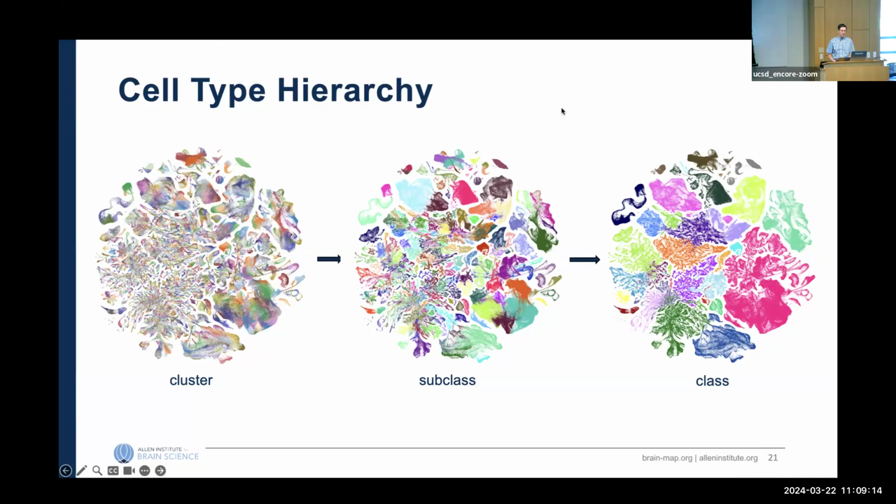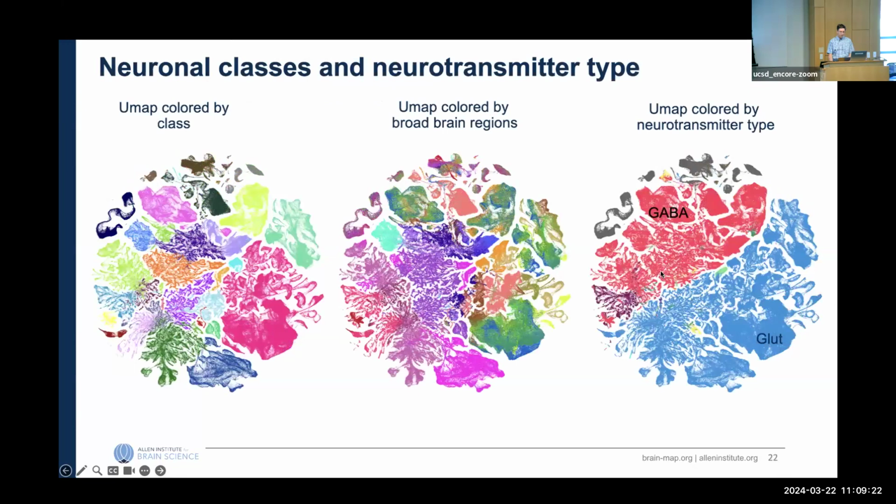And then finally by major classes of various inhibitory and excitatory patterns that are big groupings in the brain. And you can of course color by neurotransmitters or other things like that, or by brain regions, right? For example, this could be a region of genes expressing in the thalamus, over here in this cyan color.